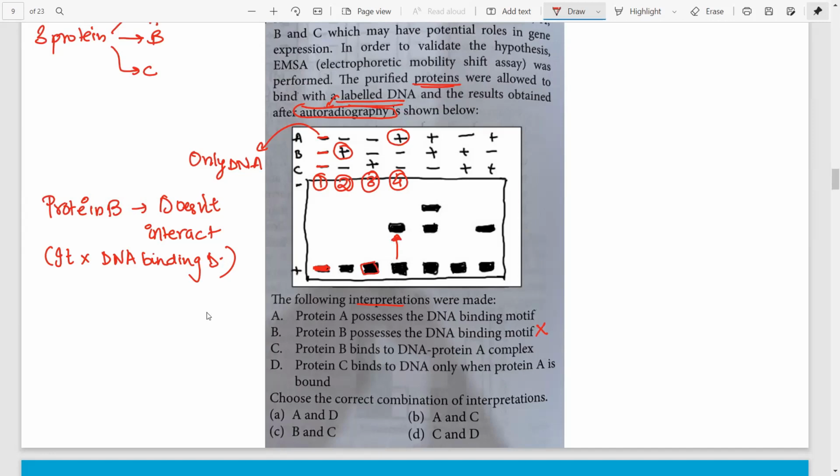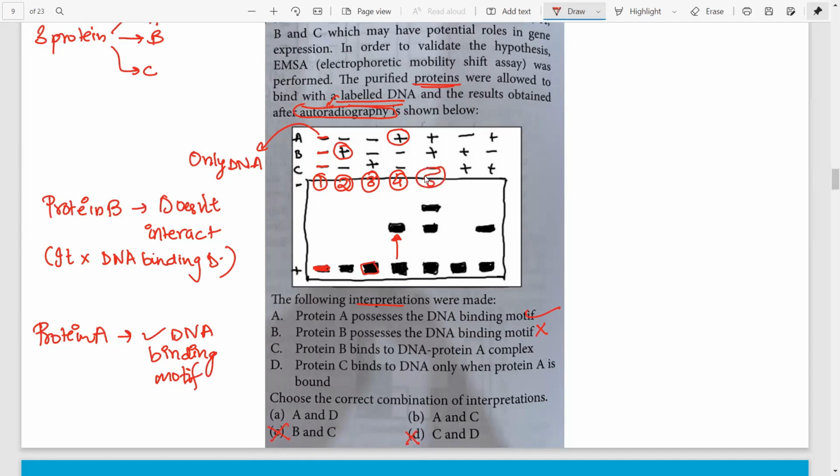That definitely means that protein A has a DNA binding motif, right? And that is option A over here. So this is a correct interpretation. So where you don't have option A, that won't be your answer. So you can eliminate two options. Now all we need to do is look at the B, C and D options. So let us look at that.